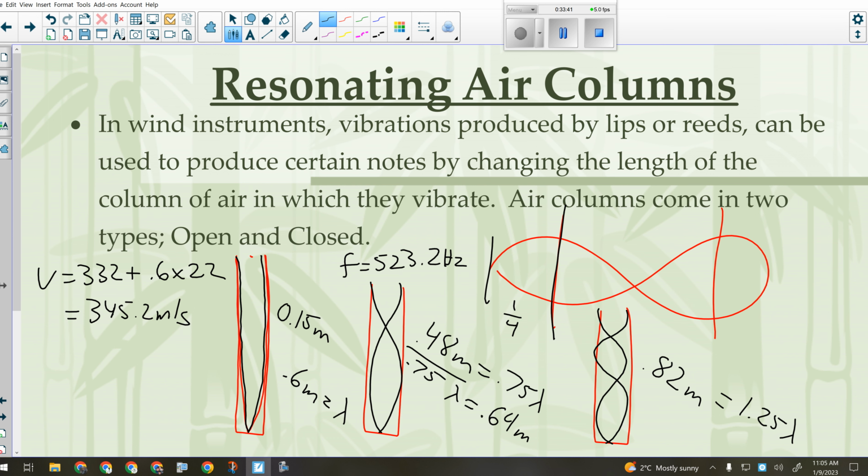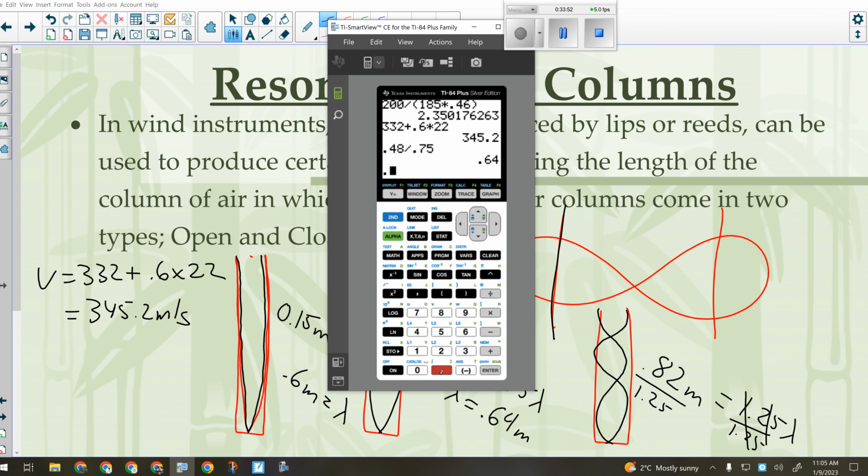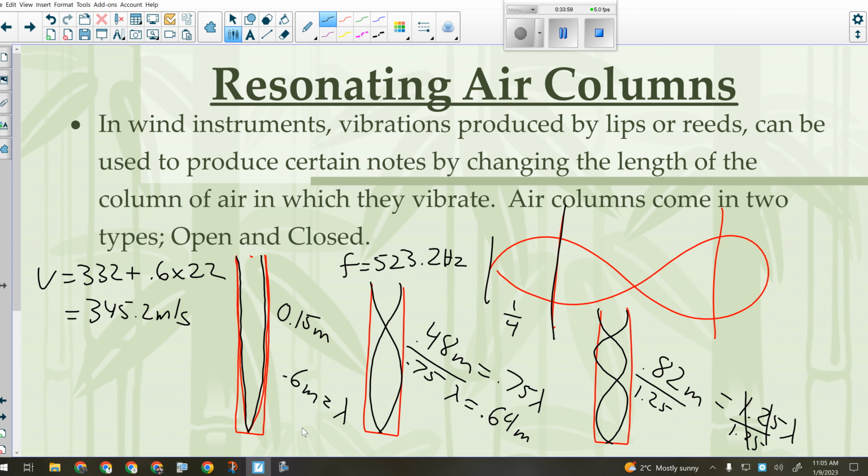Everybody okay with that? And so if I divide this by 1.25, that should give me the wavelength. 0.66. That's usually what happens when we do this.